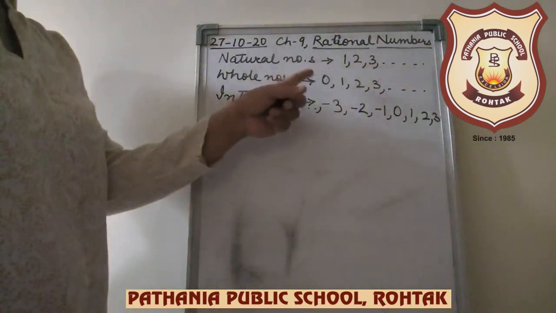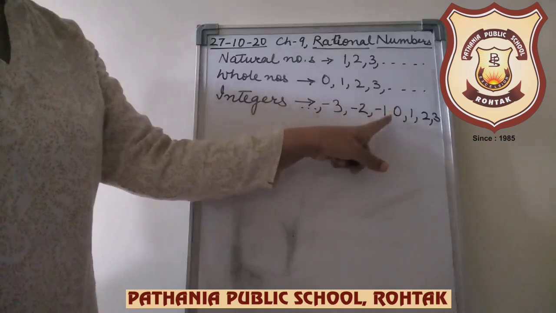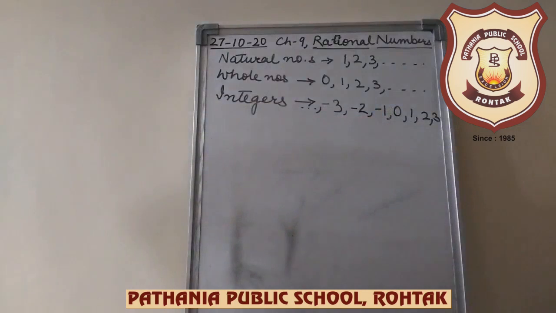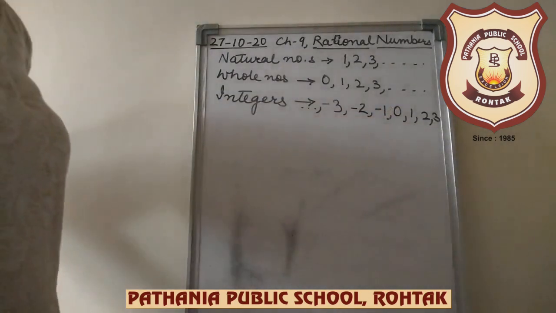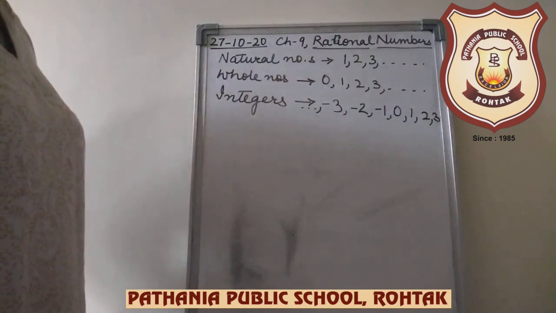Okay? 0 can never be negative or positive. It is neutral. Clear? So you have studied about integers.